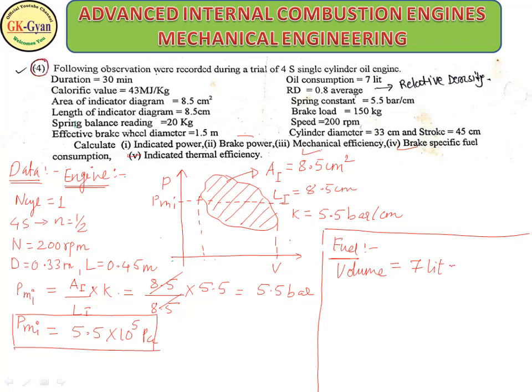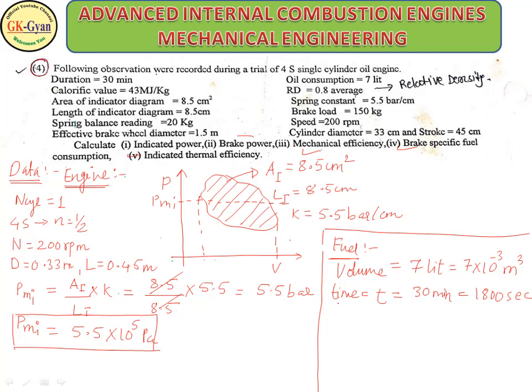We know that 7 into 10 to the power minus 3 meter cube. Then time of duration of testing T is given as 30 minutes. So in seconds it is 30 into 60, that is 1800 second.